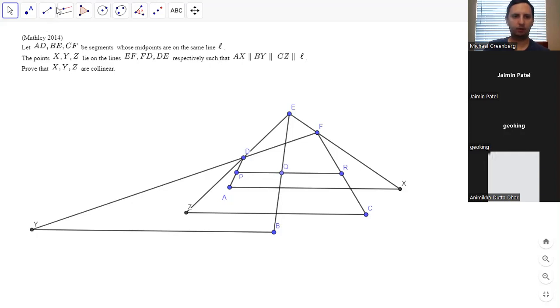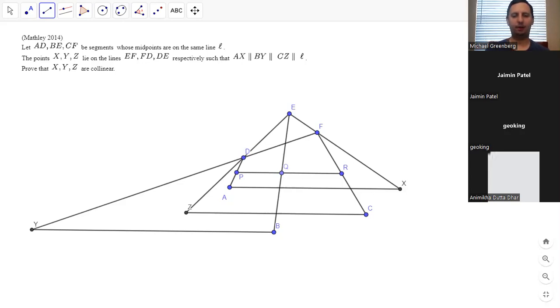Actually, let me try something here. I wonder if CB, no. This is tricky.